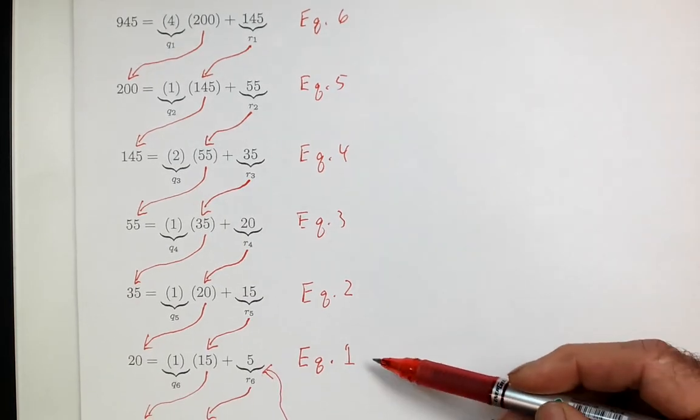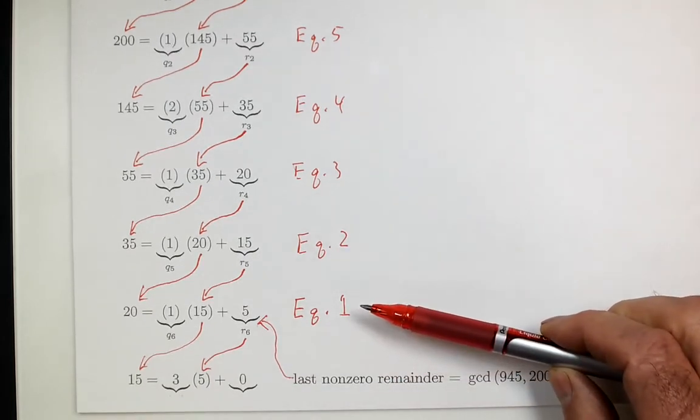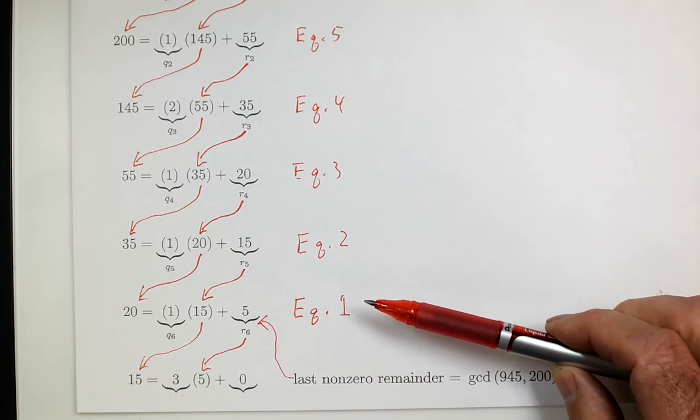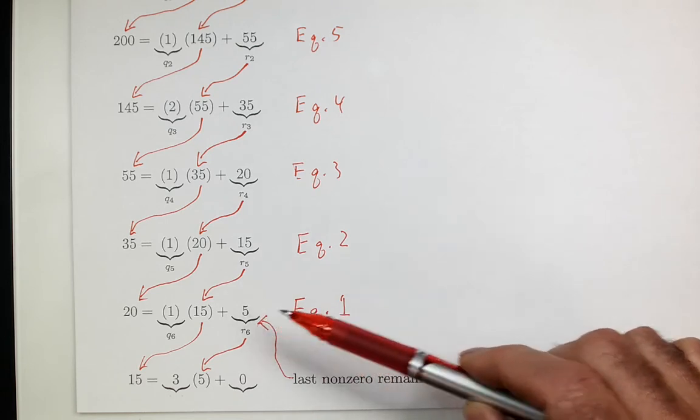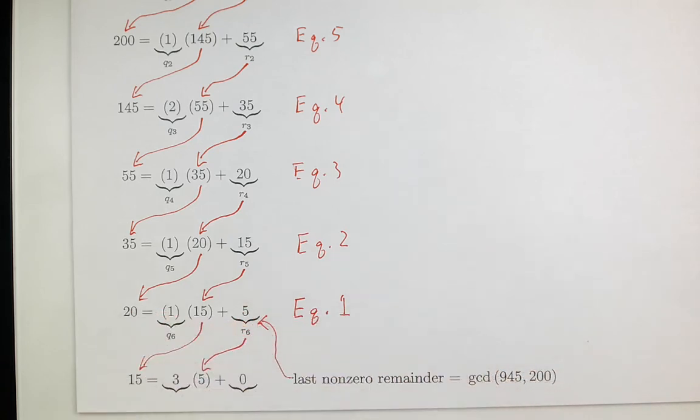Now, starting with equation 1, we express the remainder, 5, in terms of the last two divisors, 15 and 20.